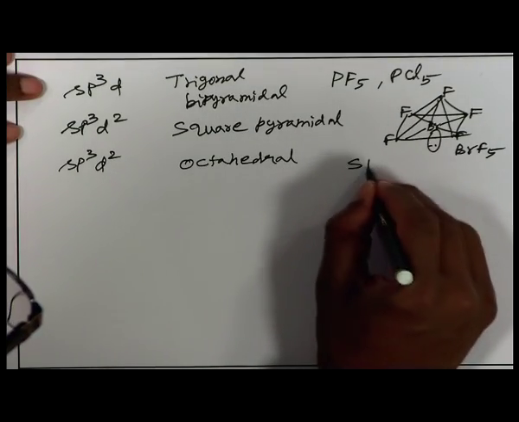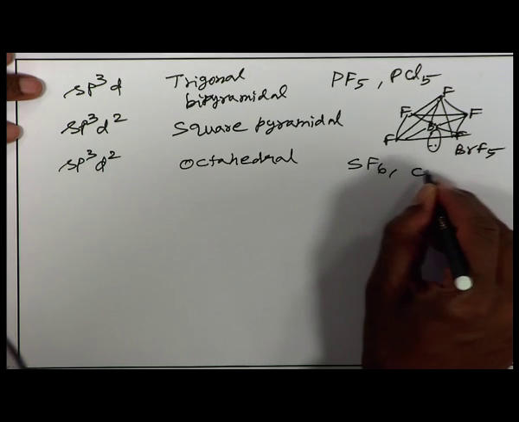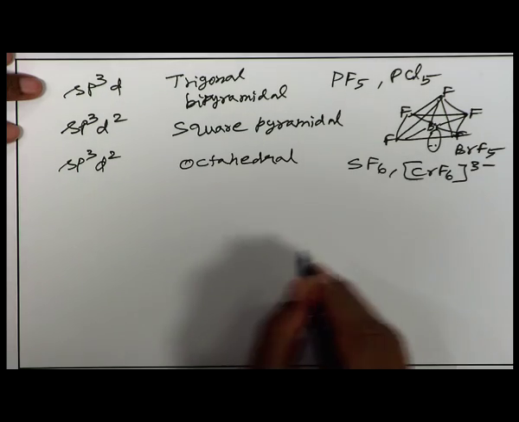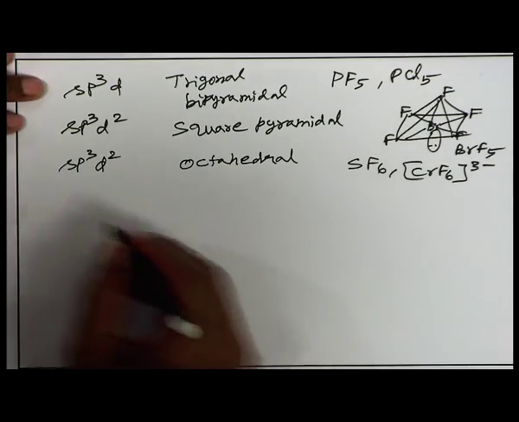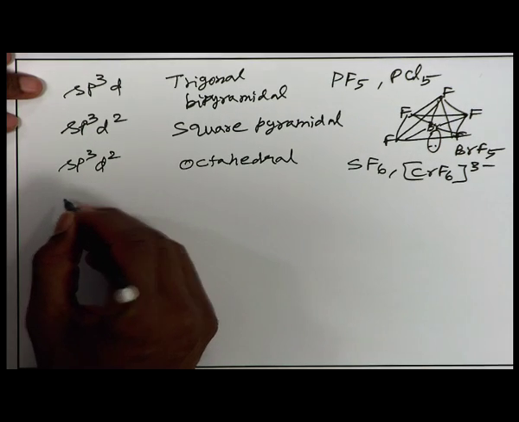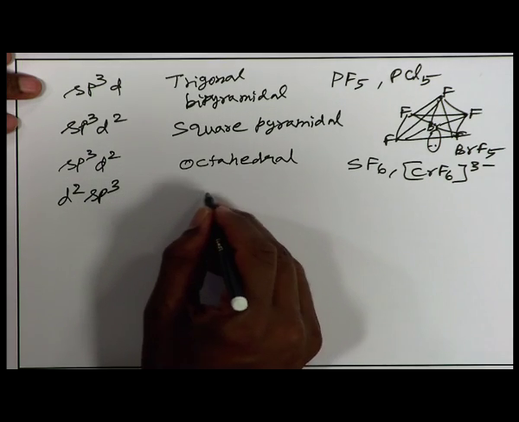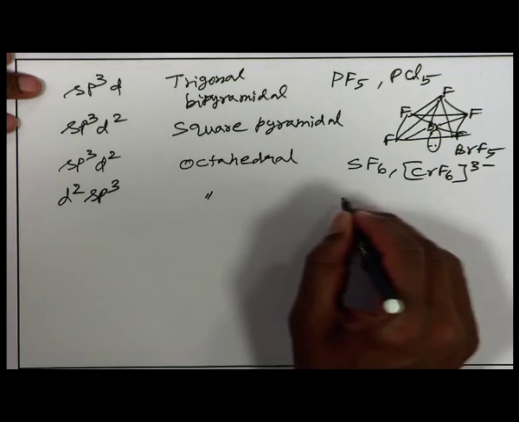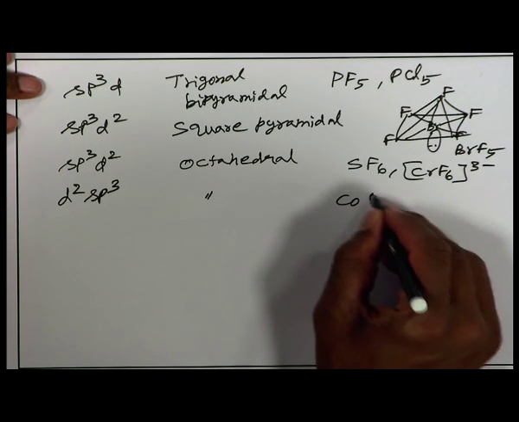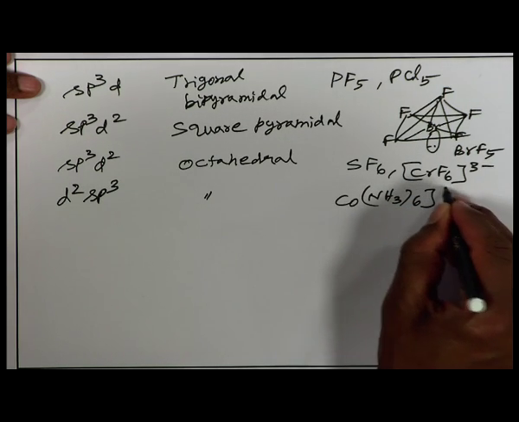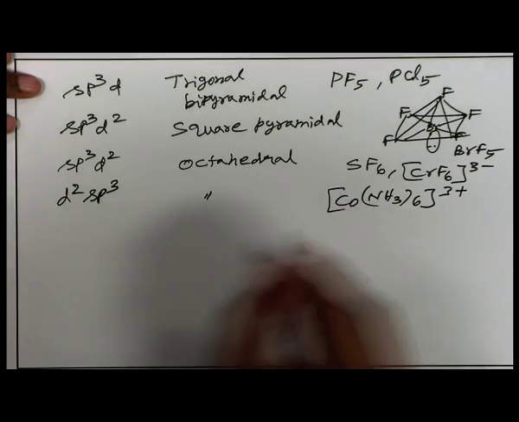Examples are SF6, CrF6 3 minus. You can also have d2sp3 hybridization. For them, the geometry is octahedral. Examples are CO, ammonia, hexamine, 3 plus, like that.